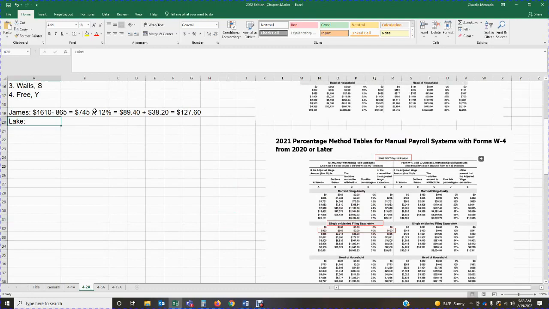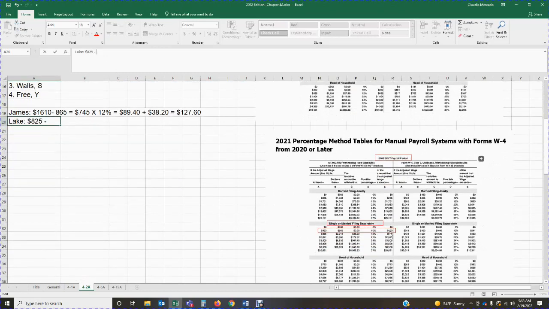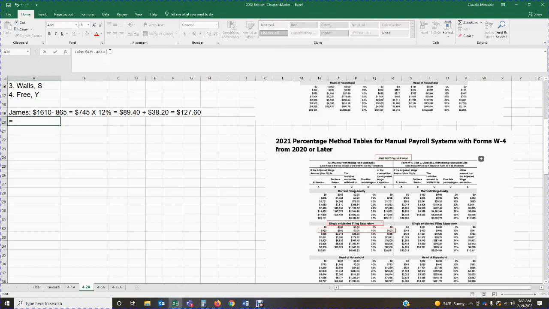So let's look at Lake. Lake made $825. I'm going to subtract the amount on the last column, which is 483. So 825 minus 483 gives me 342.